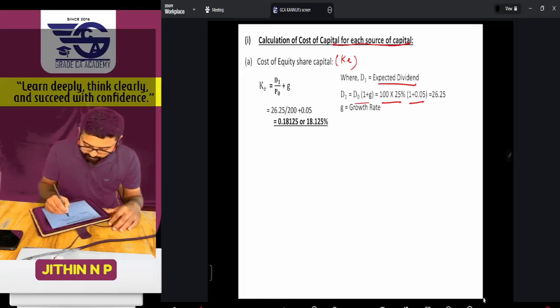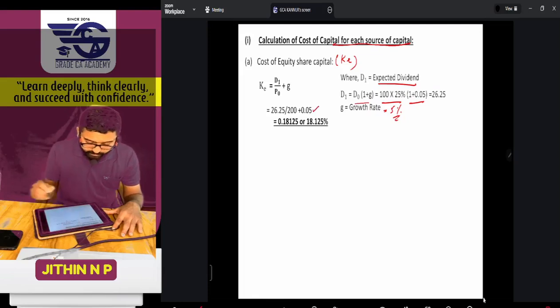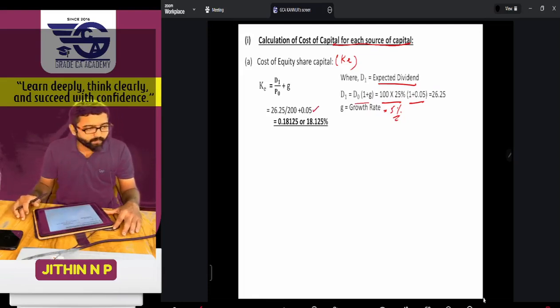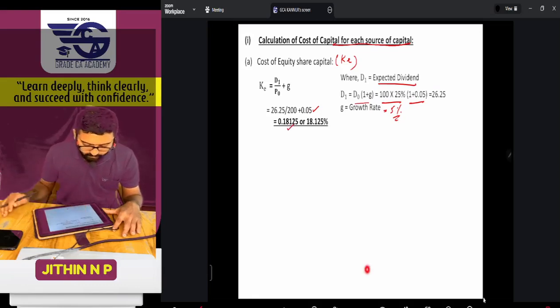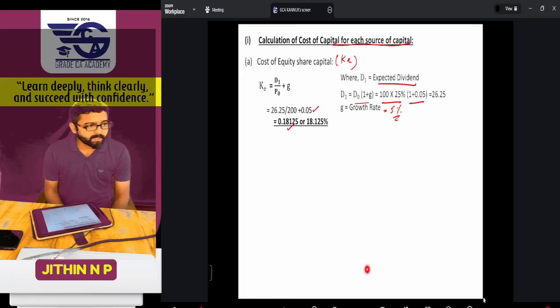Then 26.25 divided by 200 plus 0.05. Clear? Then the answer will be 18.125%. KE is 18.125 percent.